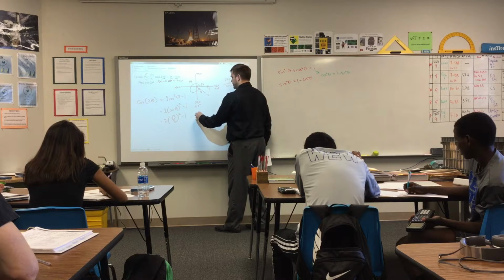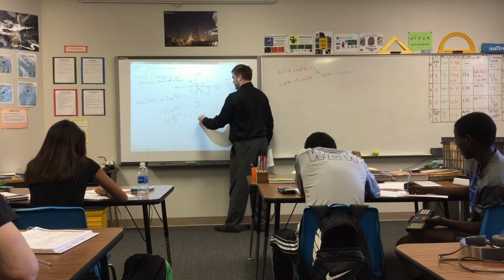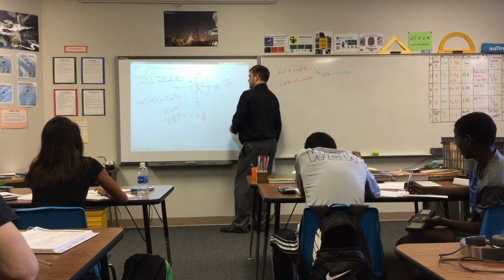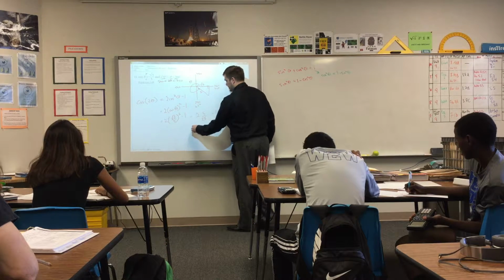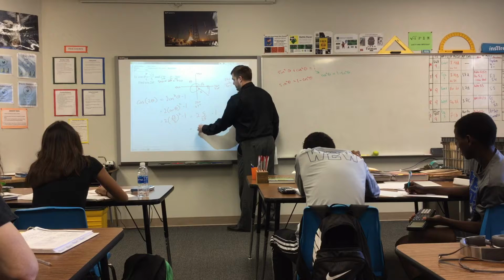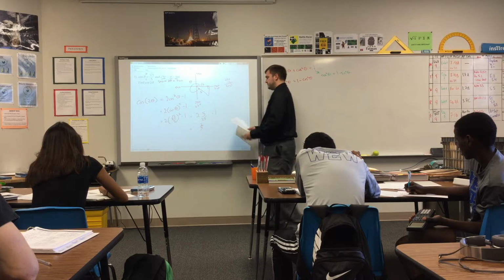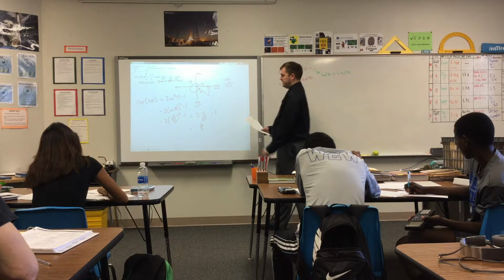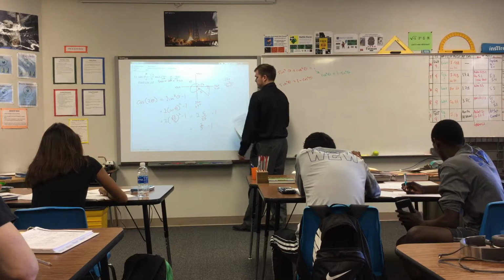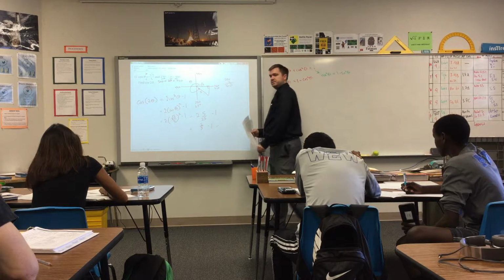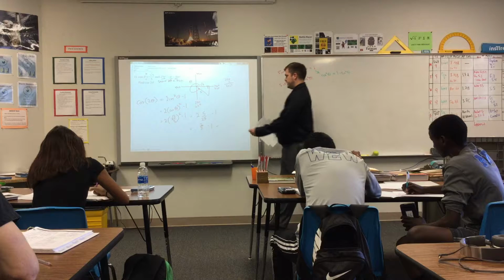So that's going to be 2 times 5 over 25 minus 1. So that's 1/5. So we have 2/5 minus 1, which is negative 3/5.